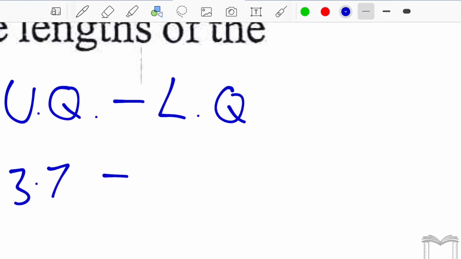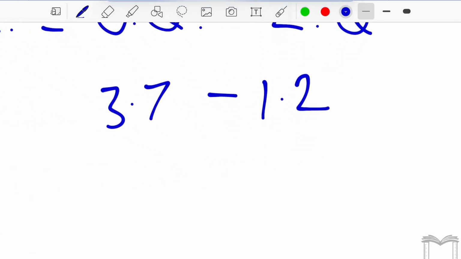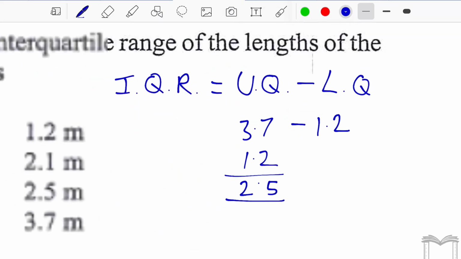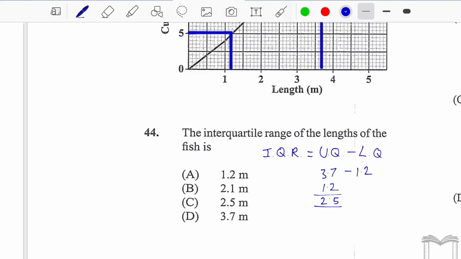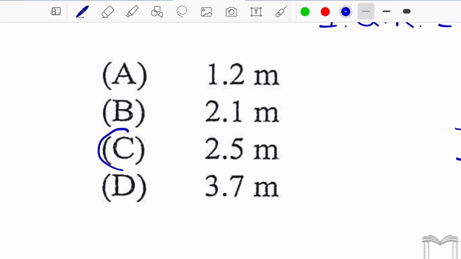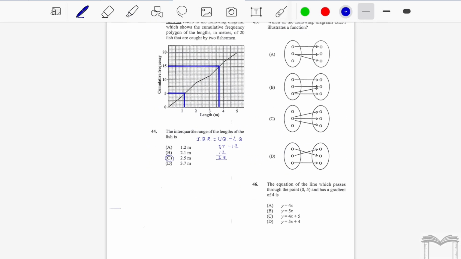So 3.7 minus 1.2. So let's subtract. 7 minus 2 is 5. 3 minus 1 is 2. So the answer is 2.5 meters. C is your answer.